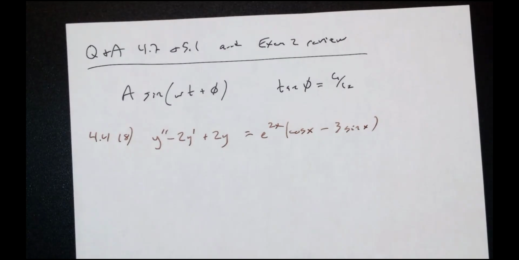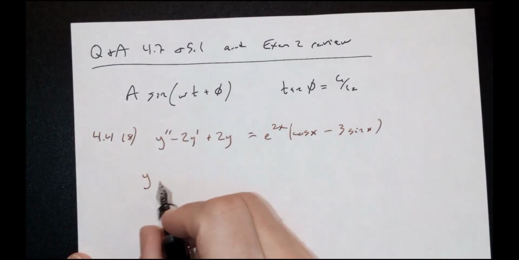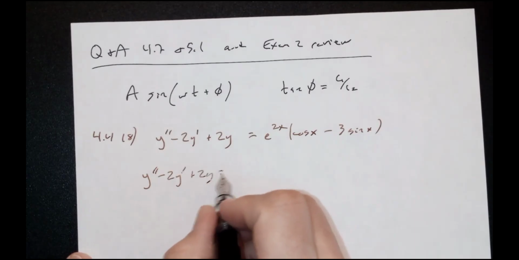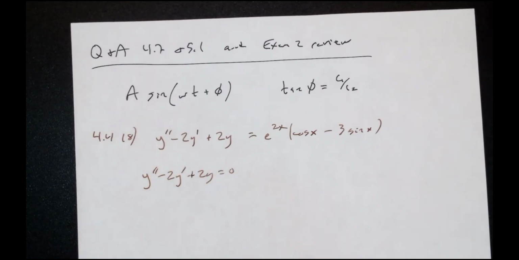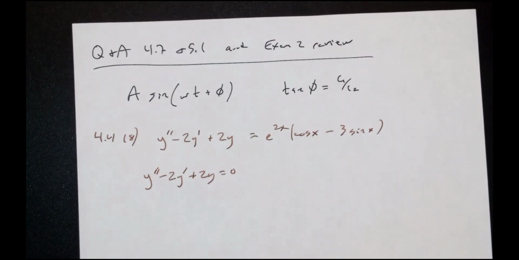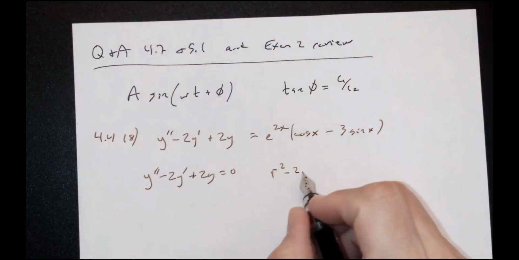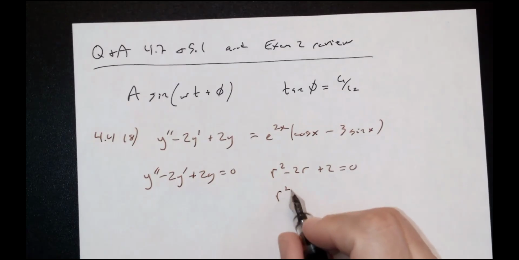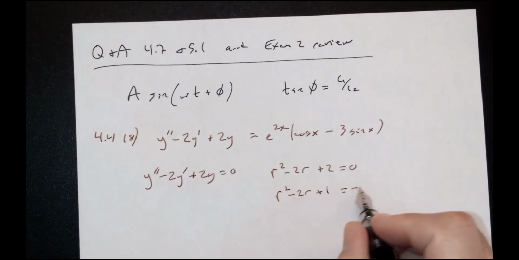So the first thing I need is to find the homogeneous version. I'm going to get complex numbers. R squared minus 2r plus 1 equals -1.